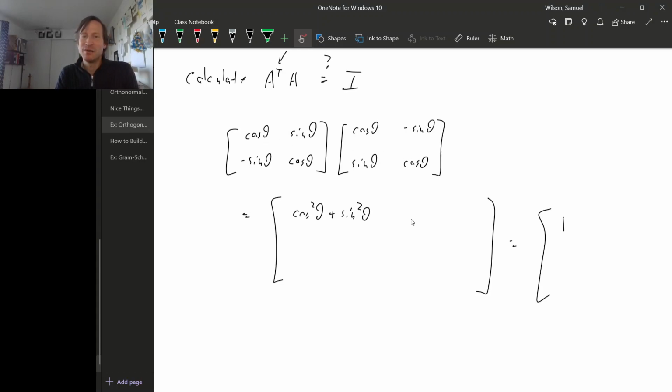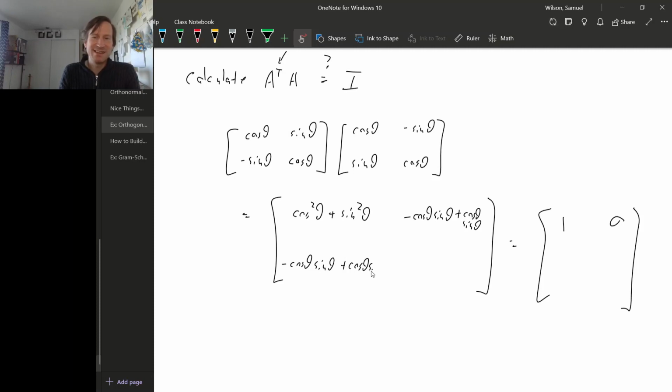So minus cosine theta sine theta, and then plus cosine theta sine theta. So those cancel and we just get a 0 in that position. In the lower left, so second row, first column, we're going to get, looks like minus cosine theta sine theta, and then plus cosine theta sine theta again.